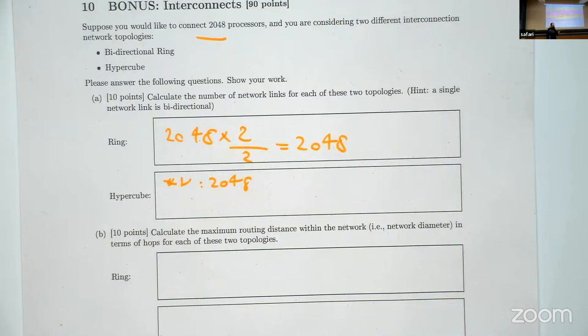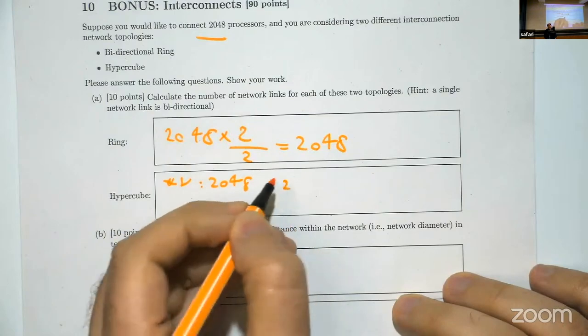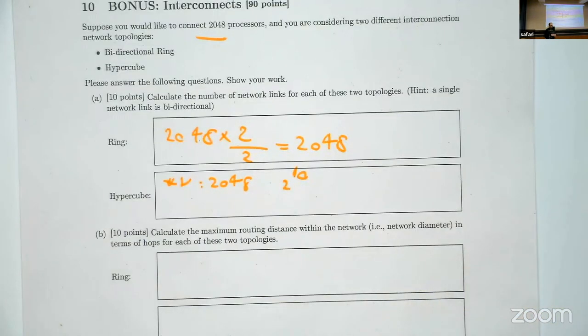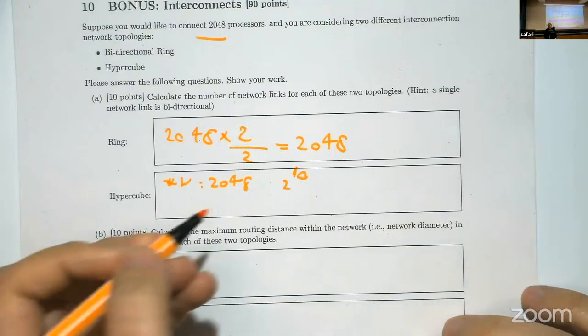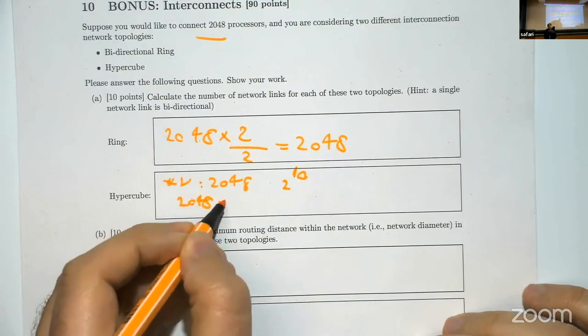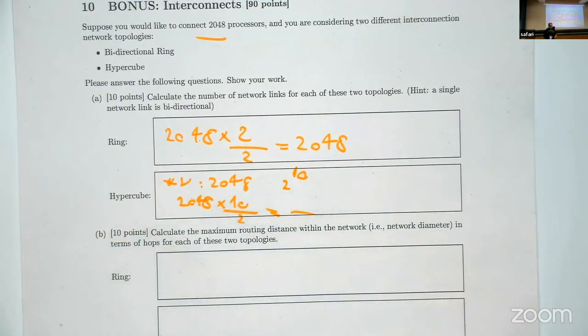Because in hypercube, we need to formulate it as 2 to the power n. And when we have 2048 nodes, it's 2 to the power 10, then n is 10, and we have n neighbors for each node. So the answer would be 2048 times 10 divided by 2, which is something. You don't need to calculate the final result.